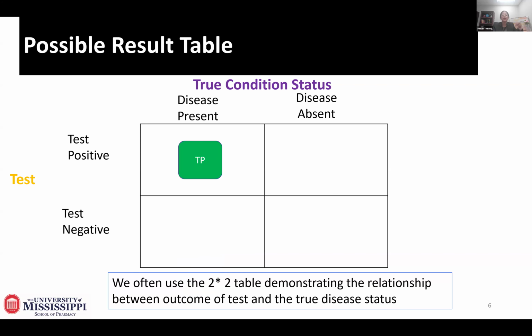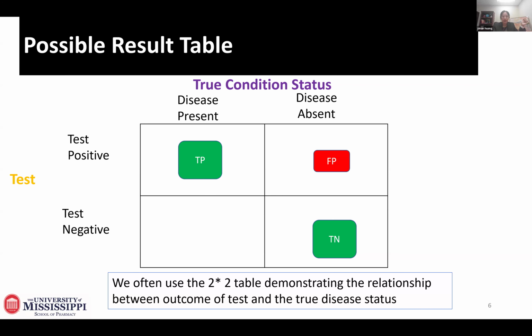Now, if the test result is positive and the patient really has COVID-19, for example, this cell is the true positive cell. Next, if the test result is negative, the patient is disease-free, the patient is healthy, the cell is called true negative.